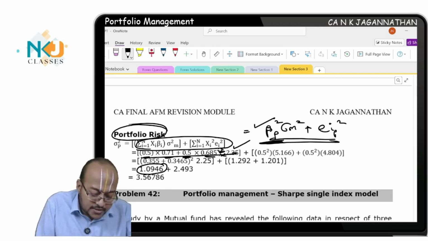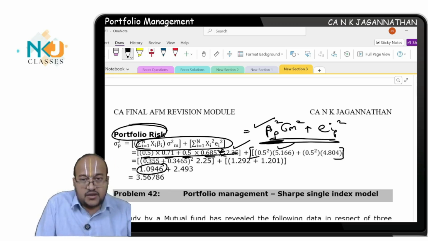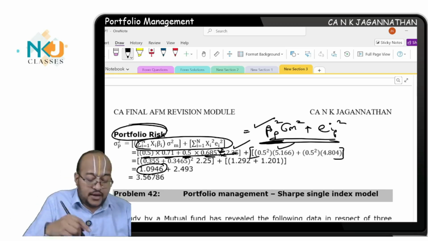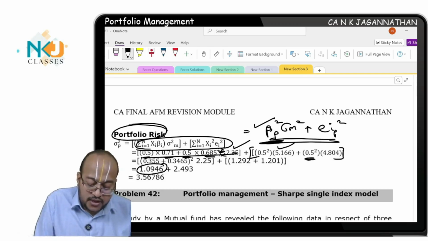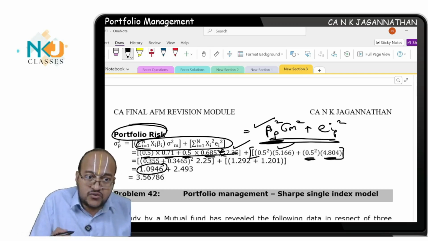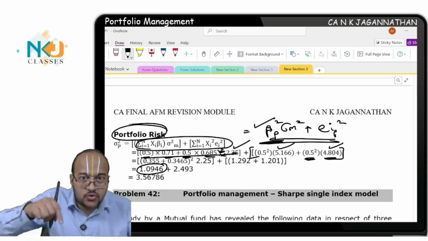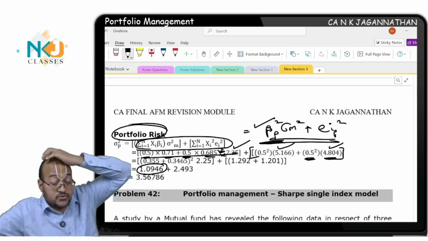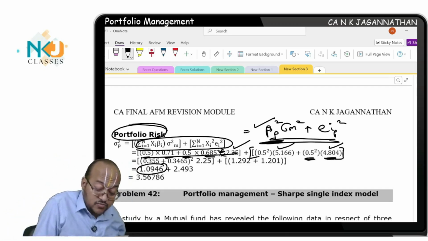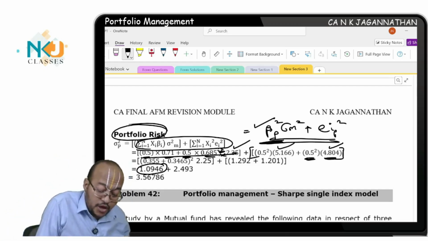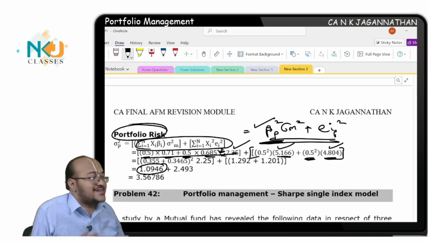Now come to the unsystematic portion. Very simple. Weight of X squared into variance of the error of X, the unsystematic risk of X, plus weight of Y squared into variance of the error of security Y. Are you all understanding what I am trying to say? Here, some student may ask, okay, here 0.5 squared is there, here 5.166 squared is not done.